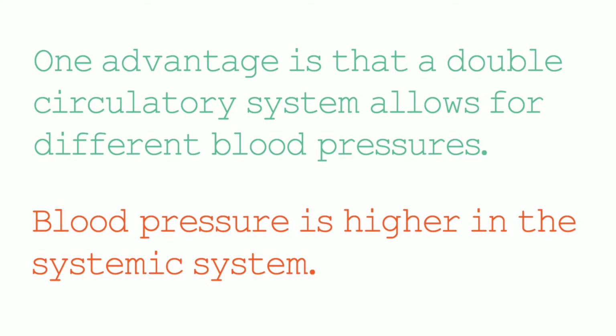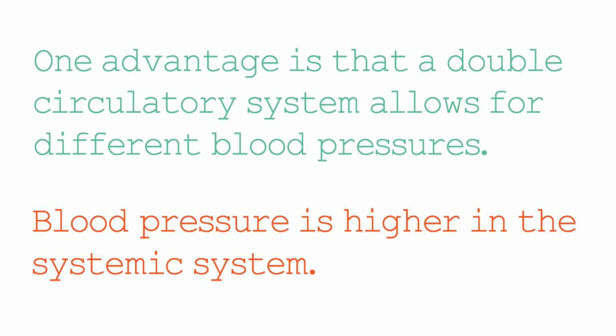This is because the higher blood pressure means that blood is sent around faster. This results in more oxygenated blood being delivered to cells. Another reason why we have a double circulatory system is so that we are giving the cells in our body blood that is full of oxygen, i.e. it's oxygenated blood, rather than a mixture of oxygenated and deoxygenated blood.